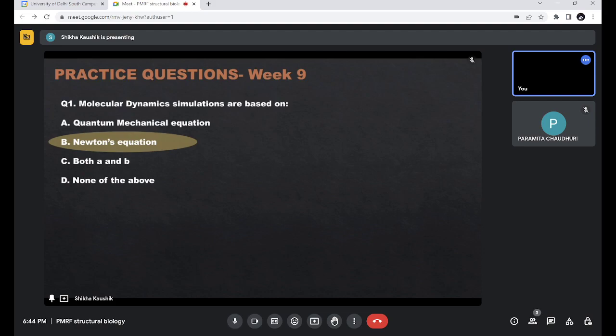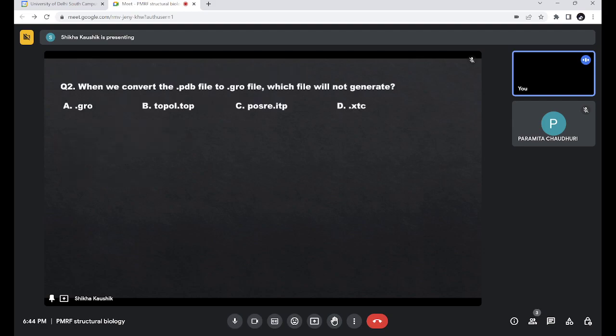It follows Newtonian mechanics, and especially when we talk about the protein aspects of computational models, the protein simulations, they follow Newton's equation only. They follow Newton's law of motion.